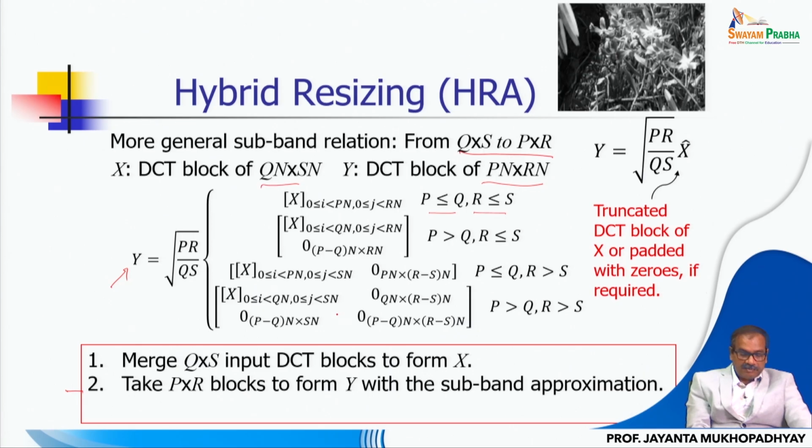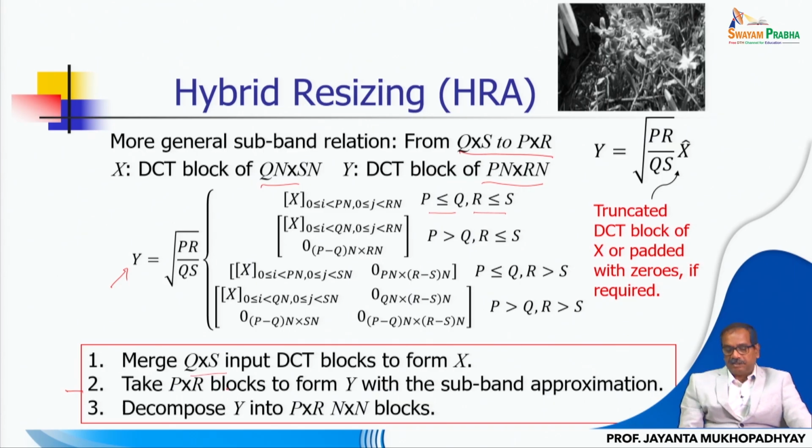But finally, what it does is that we are converting Q cross S input DCT blocks to P cross R blocks, and they are all merged. So you get a Pn cross Rn DCT block, and then again you decompose them into P cross R, n cross n DCT blocks. So this is how the hybrid resizing algorithm works.